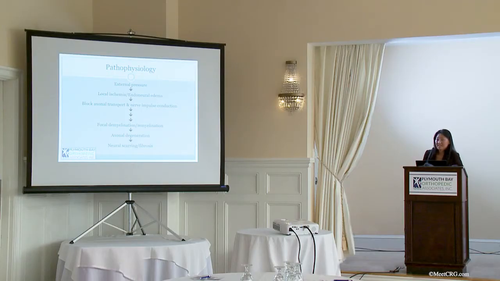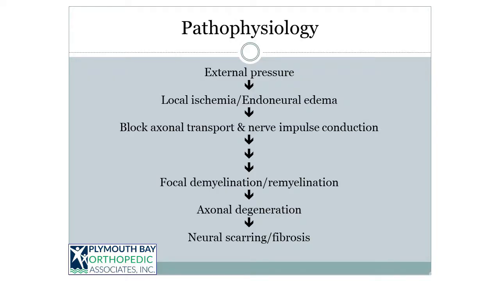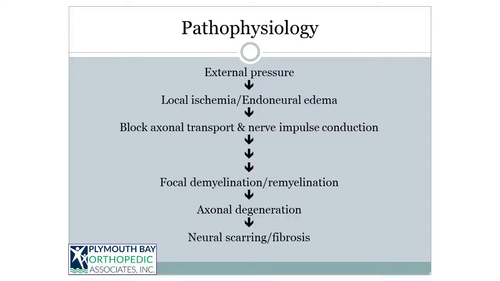So the pathophysiology of compression neuropathy is listed here. It starts with pressure on the nerve. And what that does, it doesn't actually injure the nerve. What it actually does is decrease the blood supply to the nerve. And that ischemia then causes some edema within the nerve. This basically blocks the axon from being able to transmit any of the nutrients and also send any of the nerve signal.